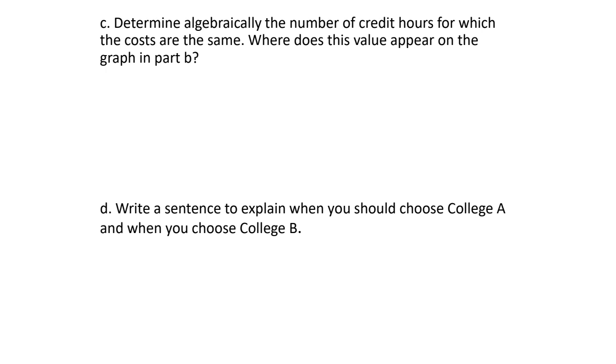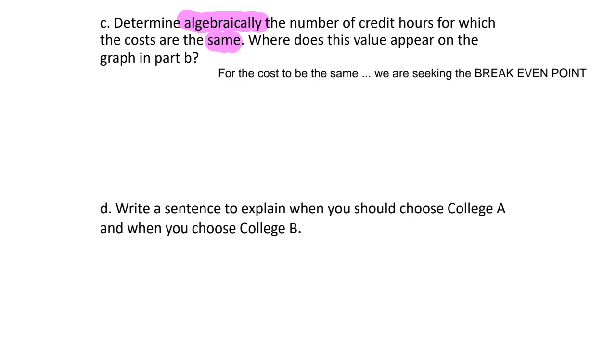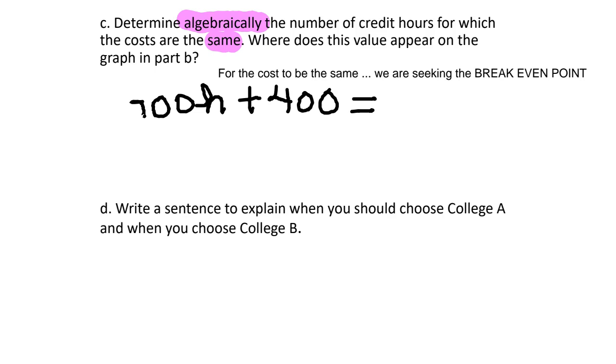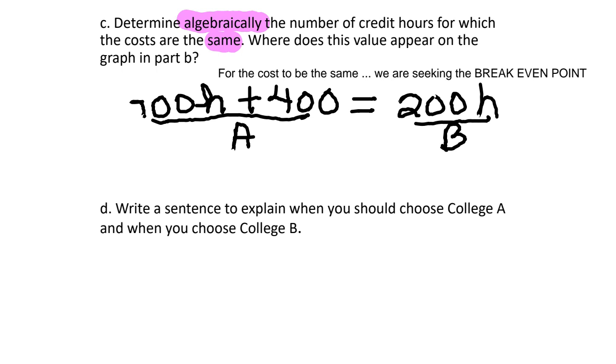Now remember, for the cost to be the same, we are seeking the break-even point, which means I'm setting College A, which is, in this case, 100H plus 400 equal to College B. This is College A. This is College B. Well, if I subtract 100 from 200, I get 400 is equal to 100H divided by 100.